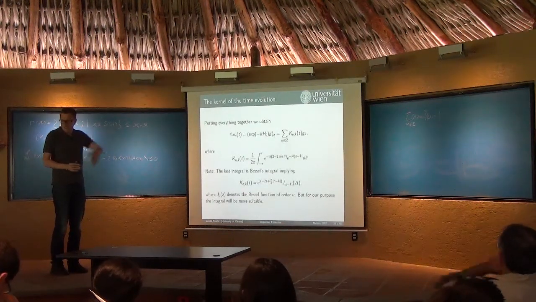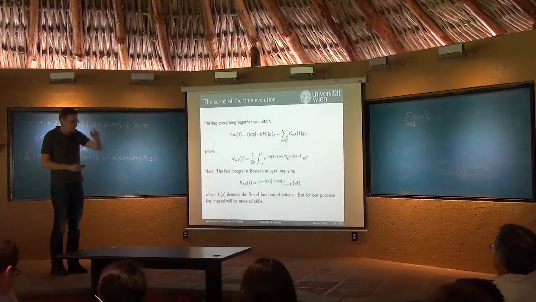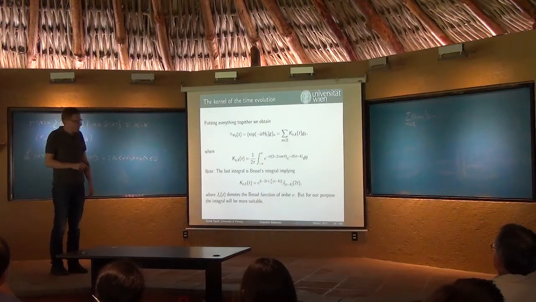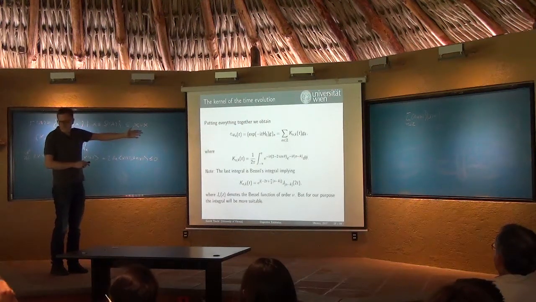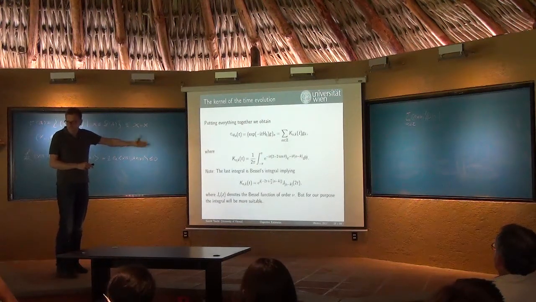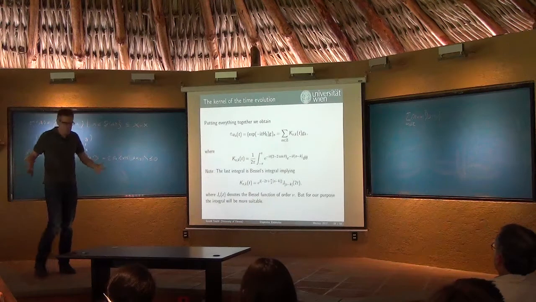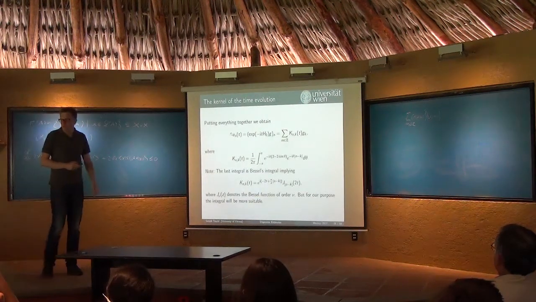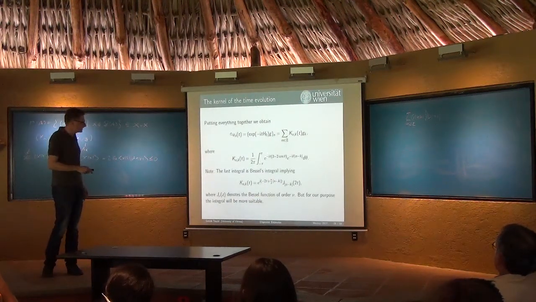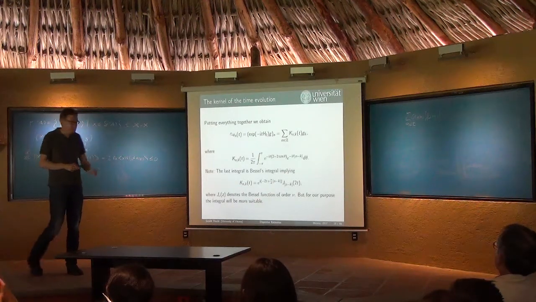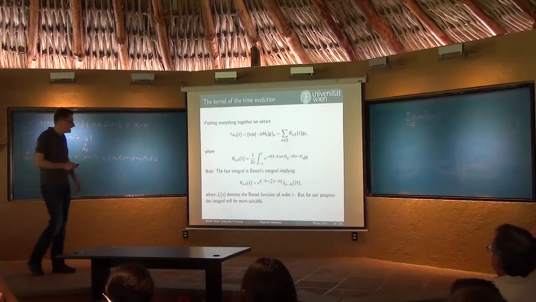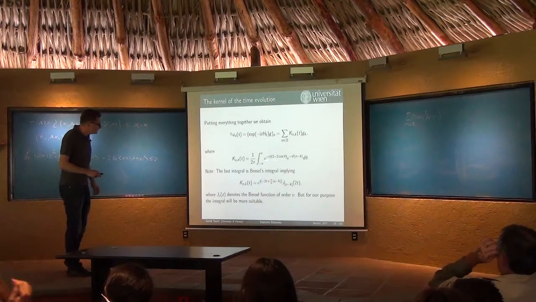And it will oscillate faster and faster as t increases. So it's clear that there should be some cancellation in this integral here. And in some sense, you could also see it as Riemann-Lebesgue lemma for this integral right here. You get some cancellation. But of course, we want more. We do not only want to argue that it goes to 0. We want to have some explicit estimate on how fast this goes to 0.